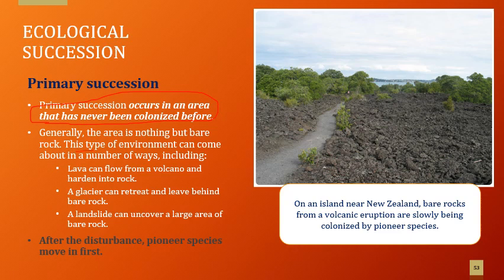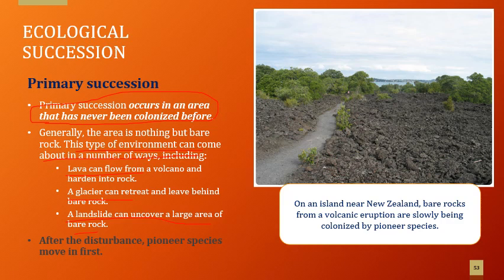This type of environment can come about in a number of ways, including lava flow from a volcano, a glacier, okay, and of course a landslide that uncovers the land area of bare rock. So after the disturbance, pioneer species move in first. So sila yung mga nangunang species na tumubo doon.